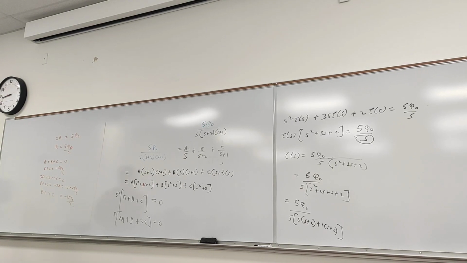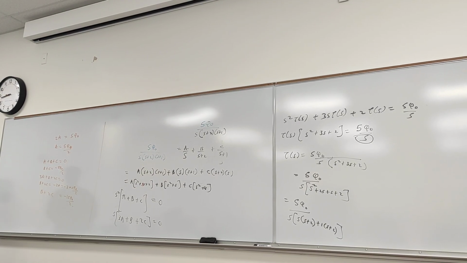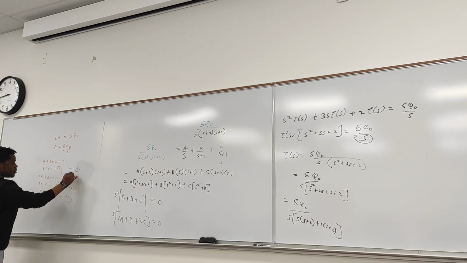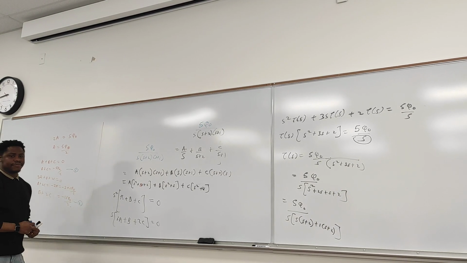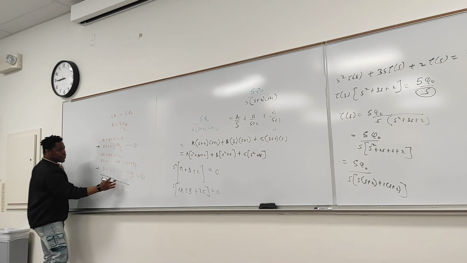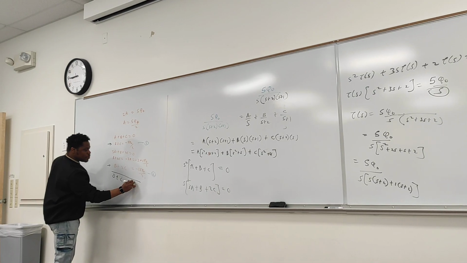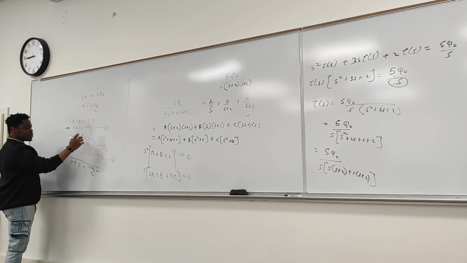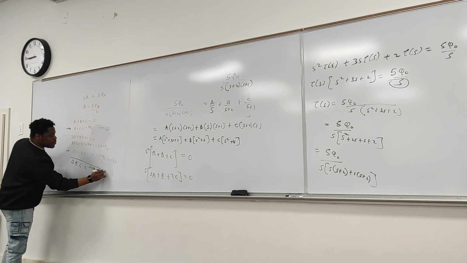Okay. So I'll let you find B and C for me and tell me what it is, using this equation. This could be equation 1, equation 2. For C, that would give us minus 15Q naught over 2 minus, then we change this to plus 5Q naught over 2.